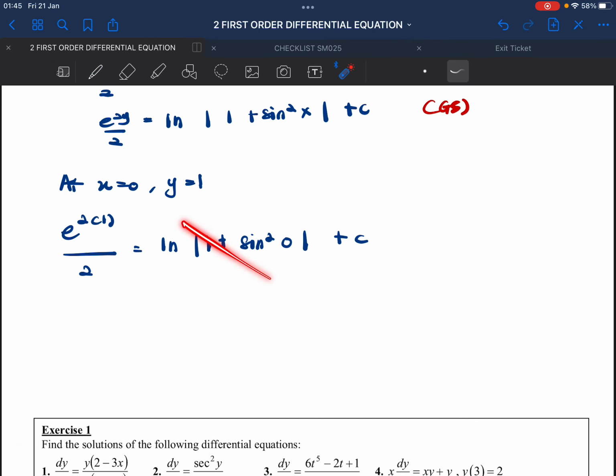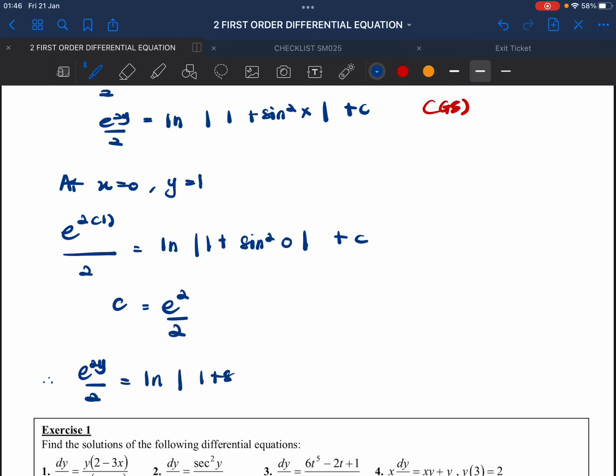So this one will be 0, this one will be e squared over 2. So your c is equal to e squared over 2. So back to the general solution here, we just substitute back our c. So that means we will have e to the 2y over 2 equals ln (1 plus sine square x) plus e squared over 2. So this is our particular solution.